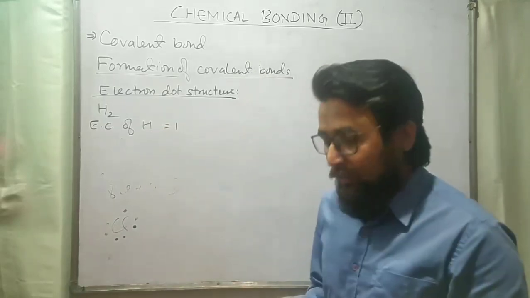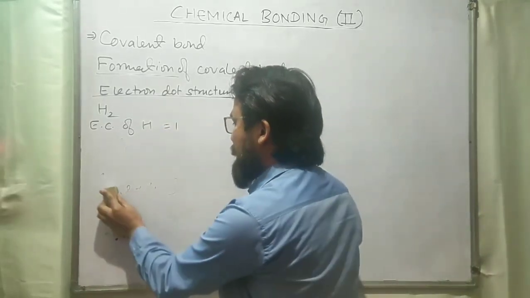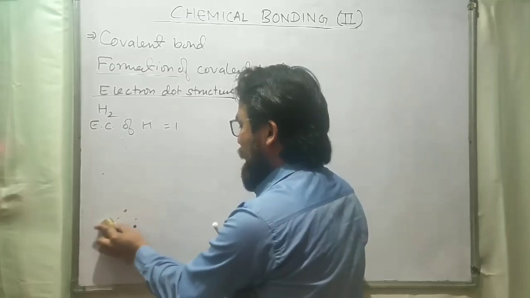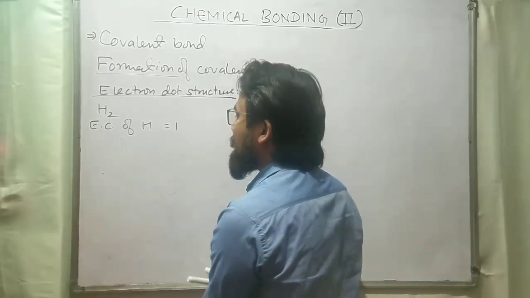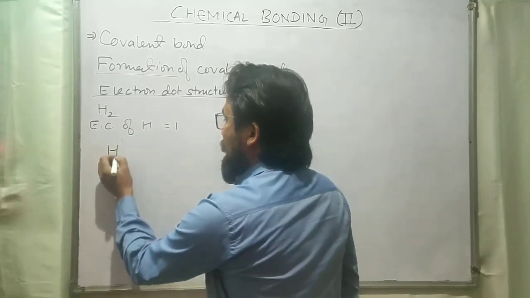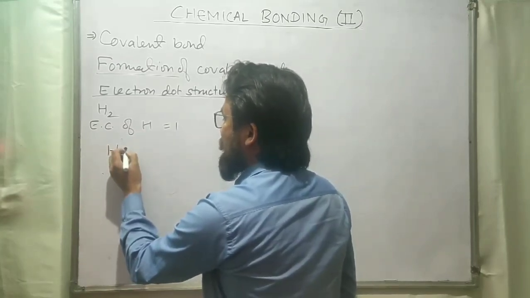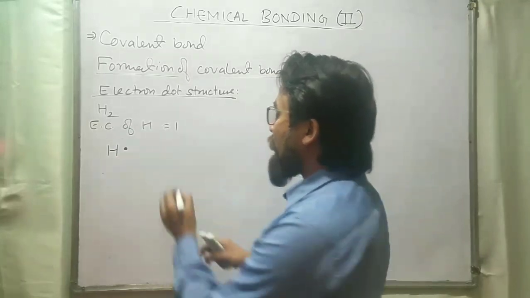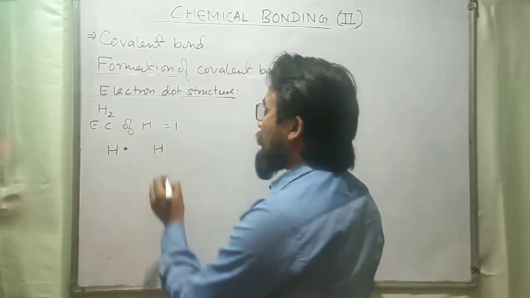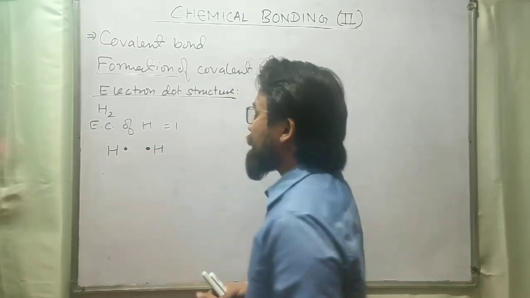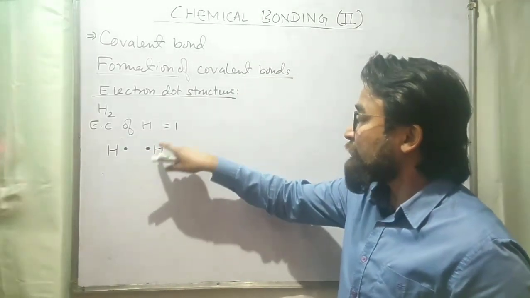That is just 1, because a hydrogen atom contains only 1 electron. So we show its electron dot structure by 1 dot, and in the hydrogen molecule there are 2 electrons in the shell.